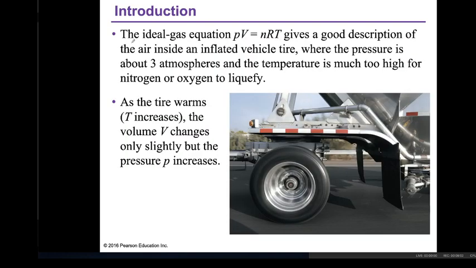The ideal gas equation, PV equals nRT, gives a good description of the air inside an inflated vehicle tire, where the pressure is about 3 atmospheres and the temperature is much too high for nitrogen or oxygen to liquefy.